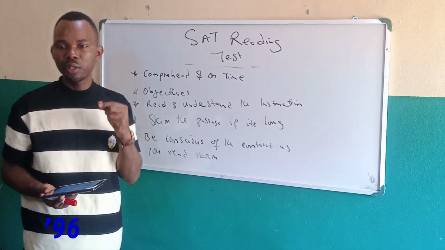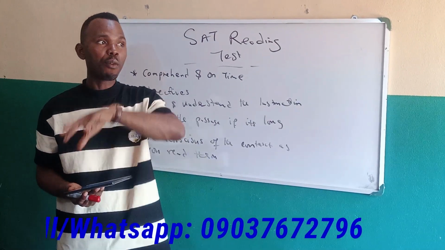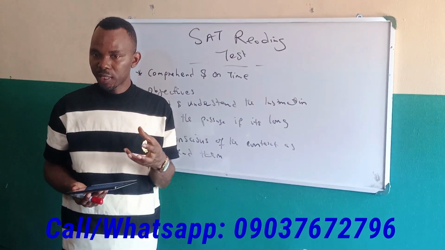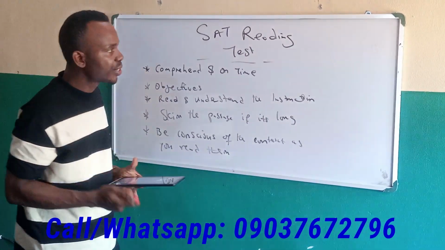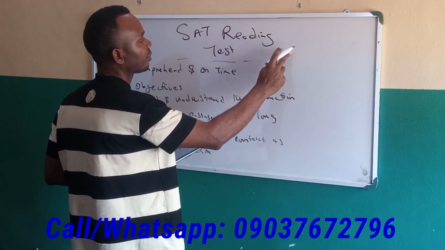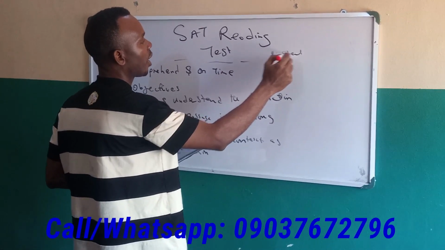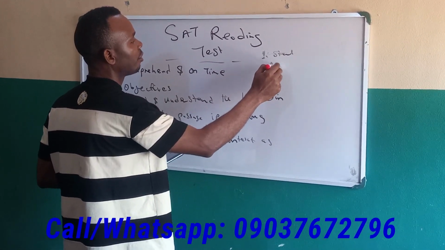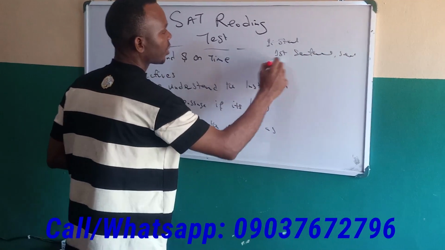Skimming is just a process of glancing through a document for the purpose of overall understanding. So when you want to skim a document, you skim by reading the first sentence, all right? The first sentence, and at times the second sentence.